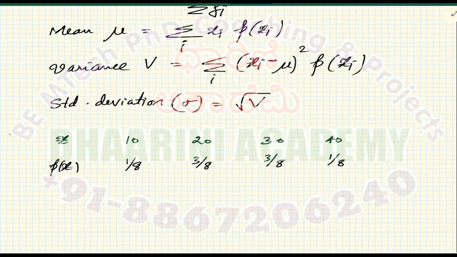So if this is the result of some experiment, we don't have to be specific about what experiment you are doing. We just have to look at the possible values, 10, 20, 30, 40, and corresponding to each of them we have some probability associated. That's all.